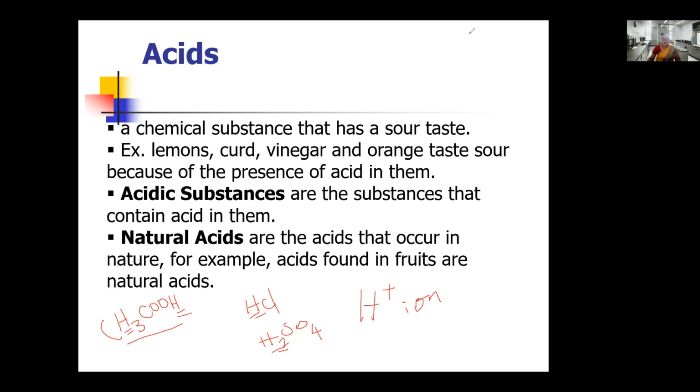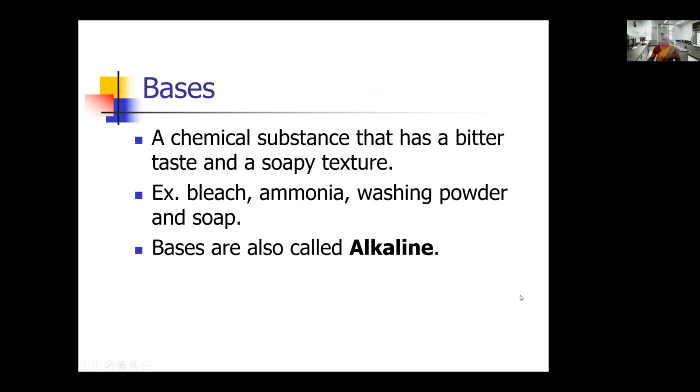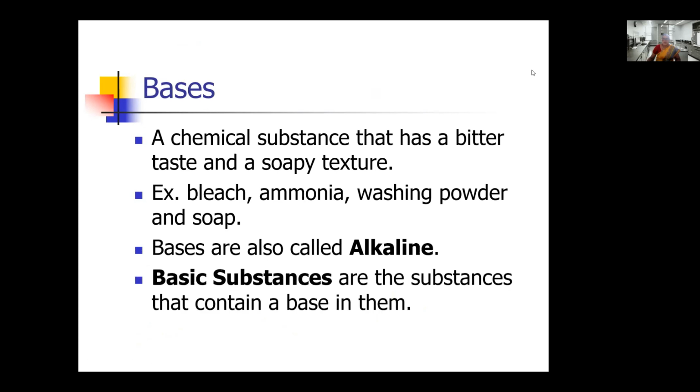Okay, then how do you identify the basic substances? In basic substances, what ions will be present in them? As you all know, bases are soapy in texture, that is, they are slippery. So in basic substances, mainly OH- ions are present.